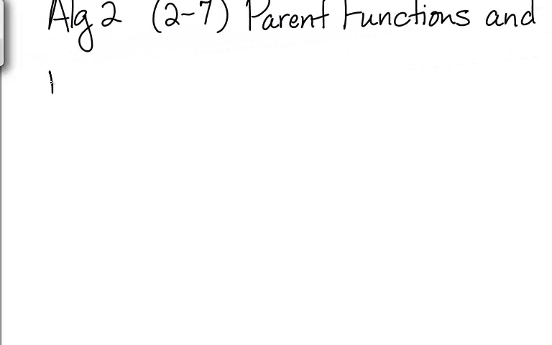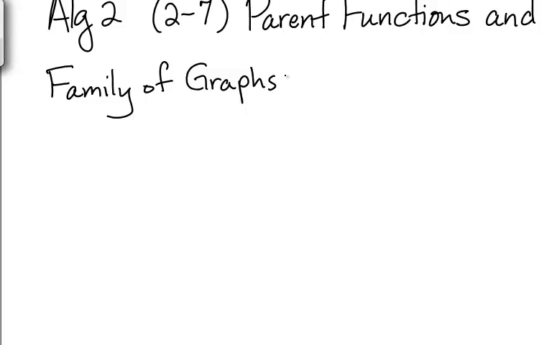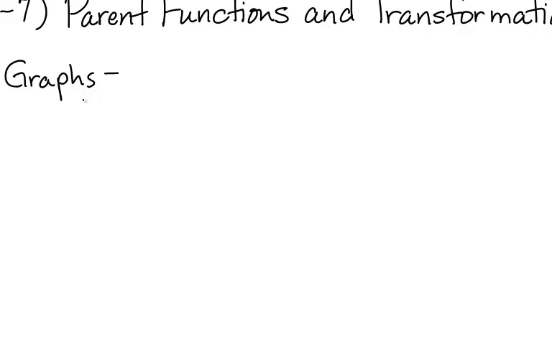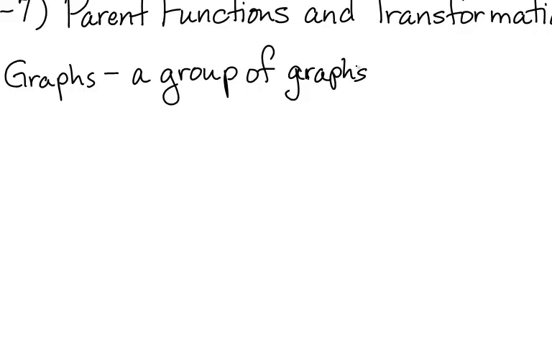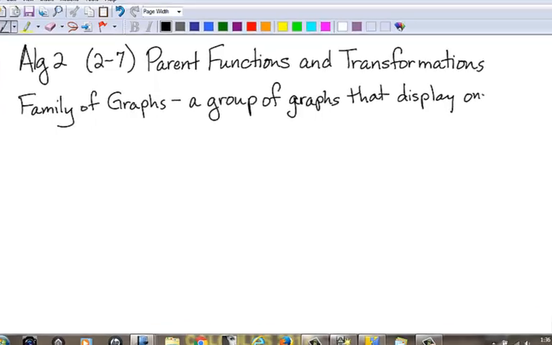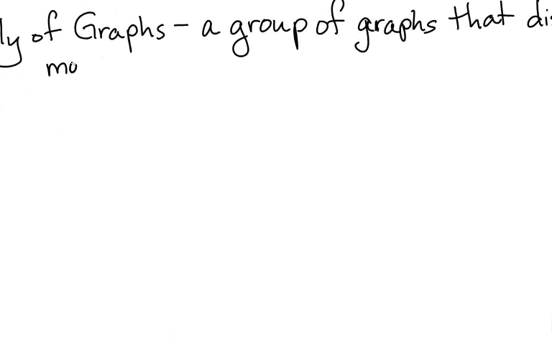Okay, first, a couple of definitions. They talk about a family of graphs. You've already seen some of them, where you see several absolute values that all look kind of like a V shape. So it's a group of graphs that display one or more similar characteristics.